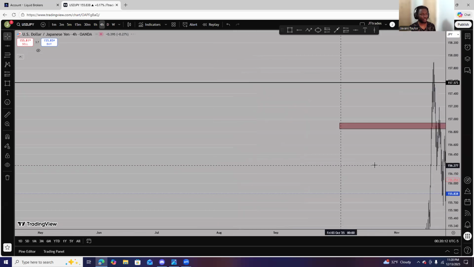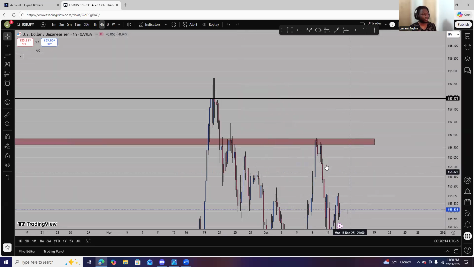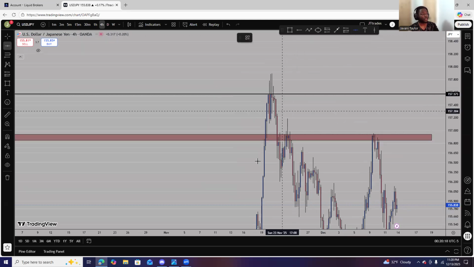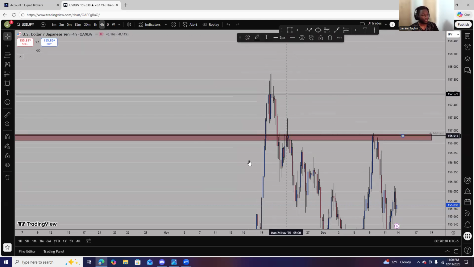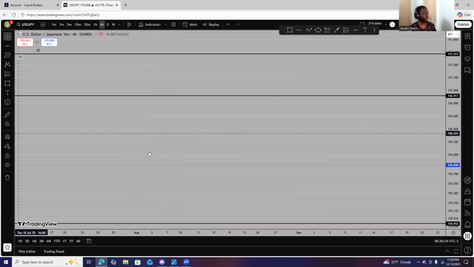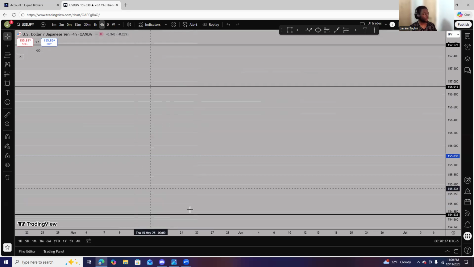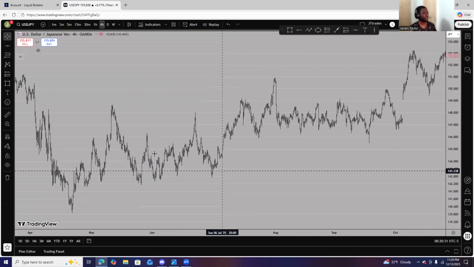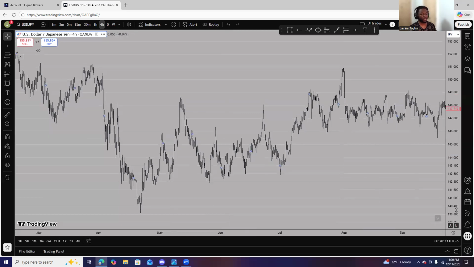So all right, let's do this instead. Let me show you something. Let's use this line. Put it right at the body. Let's go to the left. If the market previously came up here, I'm sure it's going to have some form of rejection to that side. Have we ever been that high before?